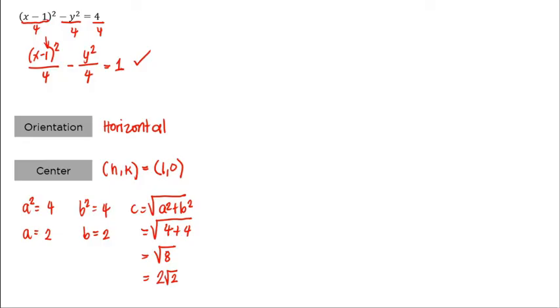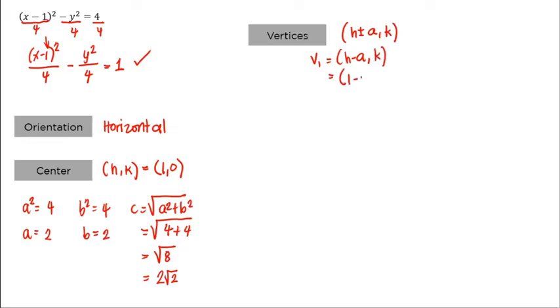So from that, we can now have the vertices. Since the orientation is horizontal, the formula for the vertices will be (h plus minus a, k). So v1 will be (h minus a, k), and that will be (1 minus 2, 0). So we have (negative 1, 0). For v2, we have (h plus a, k). So that will be (1 plus 2, 0).